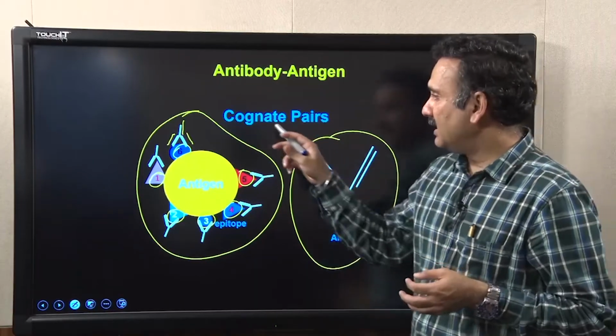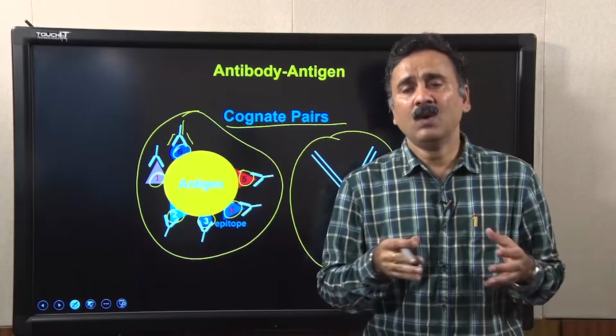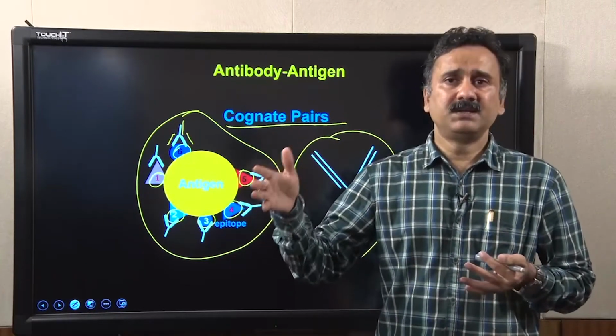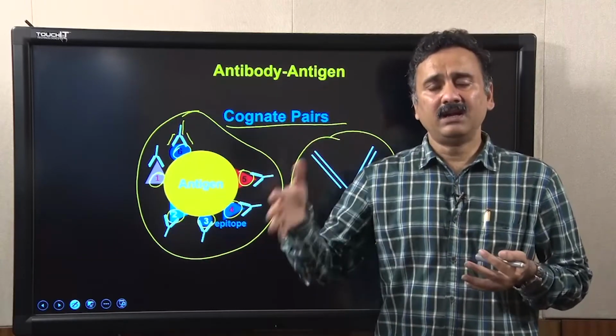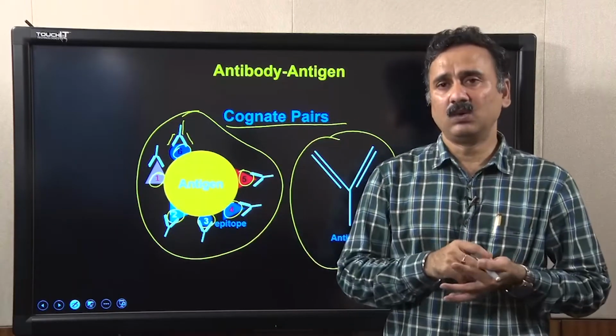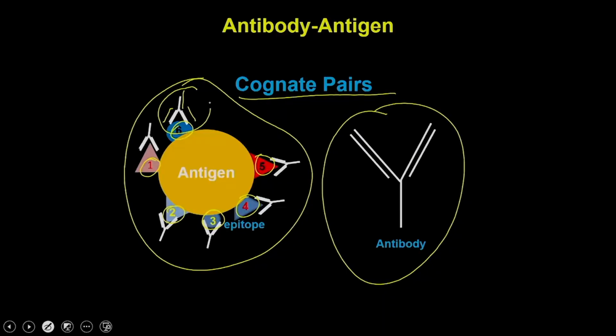This means the antibody and antigen form a cognate pair, where an antibody is specific to a particular epitopic region. If you have the antibody for epitopic region 6, it is going to recognize this particular epitope, and as a whole it is also going to allow you to recognize the antigen.